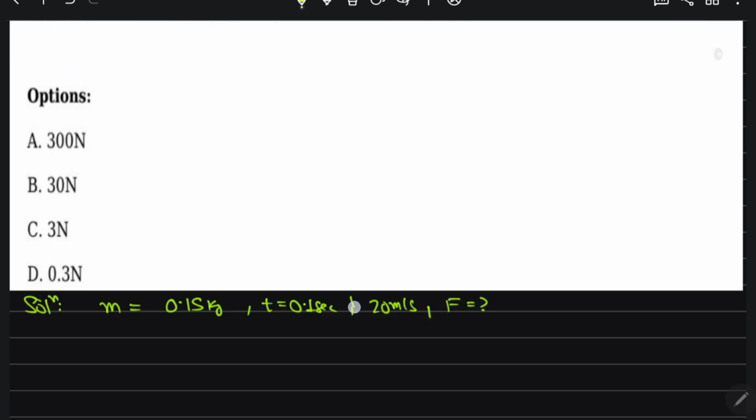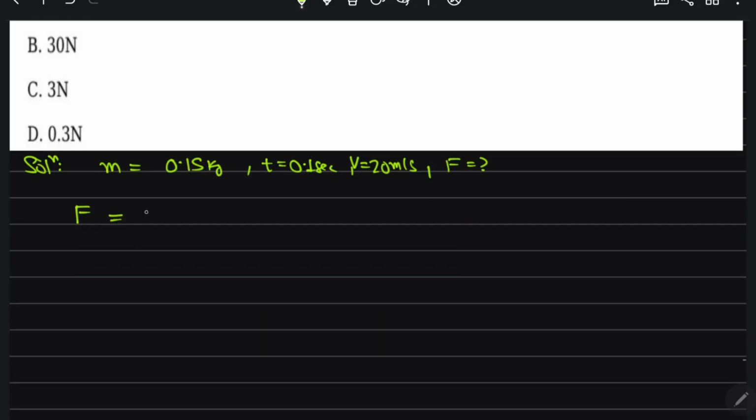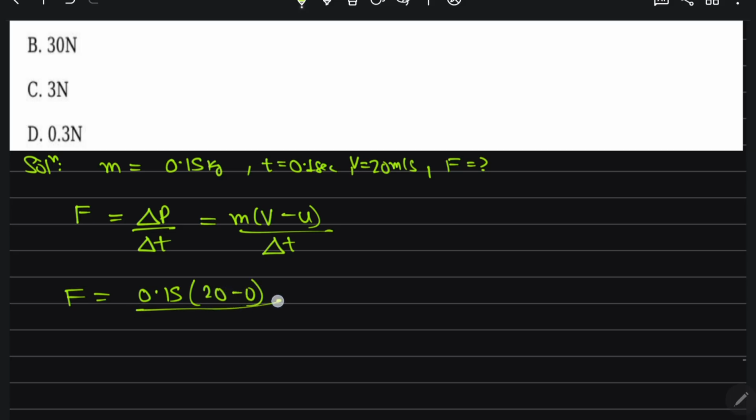How much force will he experience? Force we know is change in momentum divided by time interval. So force is m times v final minus u initial divided by time interval. So 0.15 times v final, that is 20, initial is 0, divided by time interval 0.1 second.